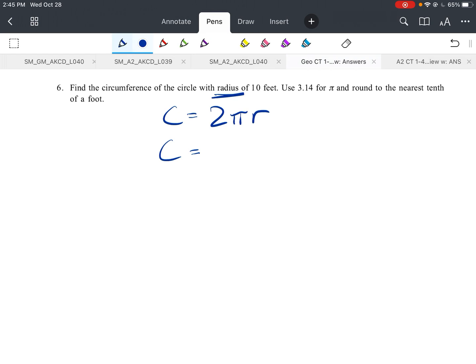So C equals, line up your equal signs here. 3.14 is pi, so 2 times 3.14 times the radius, which is 10. Okay. And that one you should get 62.8. And this is distance around a perimeter, so it's just going to be the nearest tenth of a foot. That's good rounding. And so we'll leave it there. Okay, so that's feet.